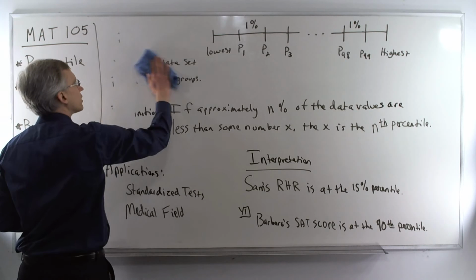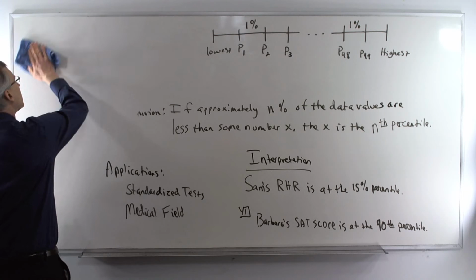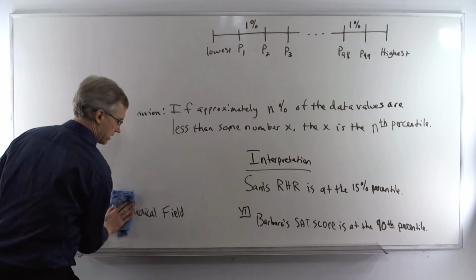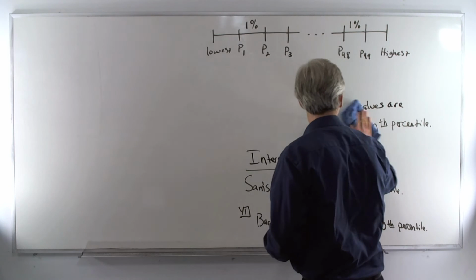All right, now we're going to take a look at a raw data set. And we're going to calculate some percentiles. We're going to find some values associated with certain percentiles.